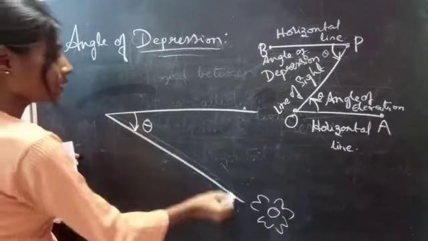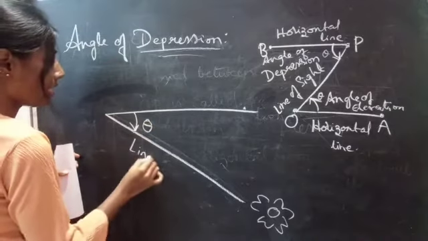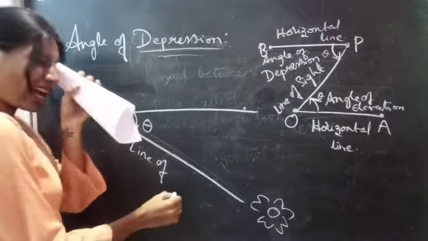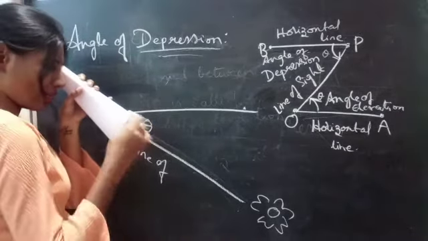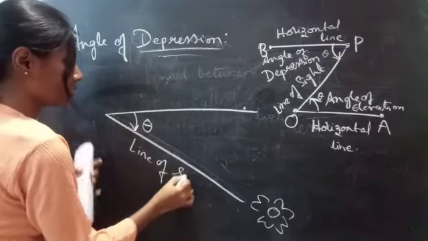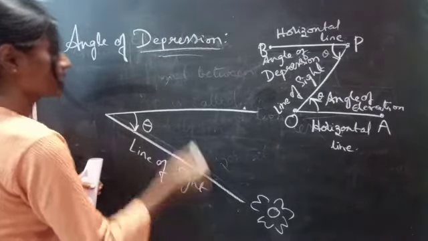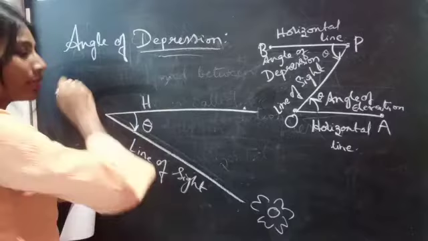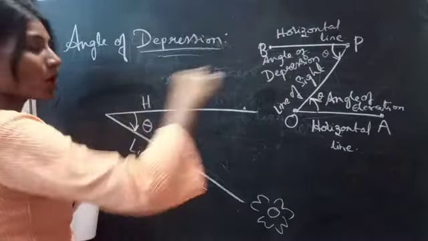So this is a line of sight. And this is the horizontal line.